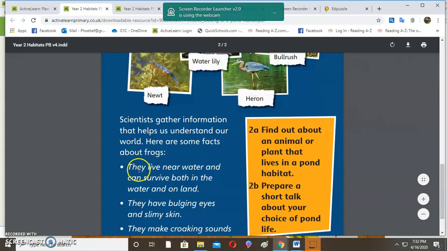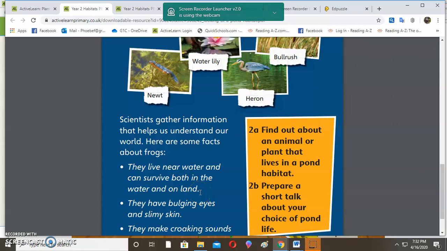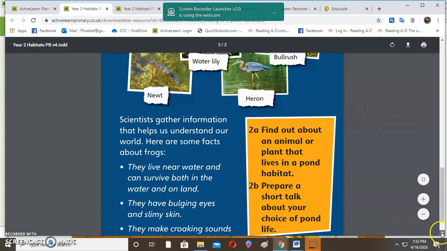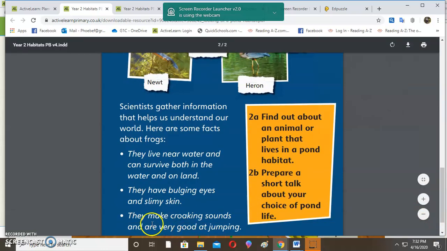Now let's read. They live near water and can survive both in water and on land. Did you know that a frog can survive in both water and land? Now you know. They have bulging eyes and skin. They make croaking sounds and are very good at jumping.